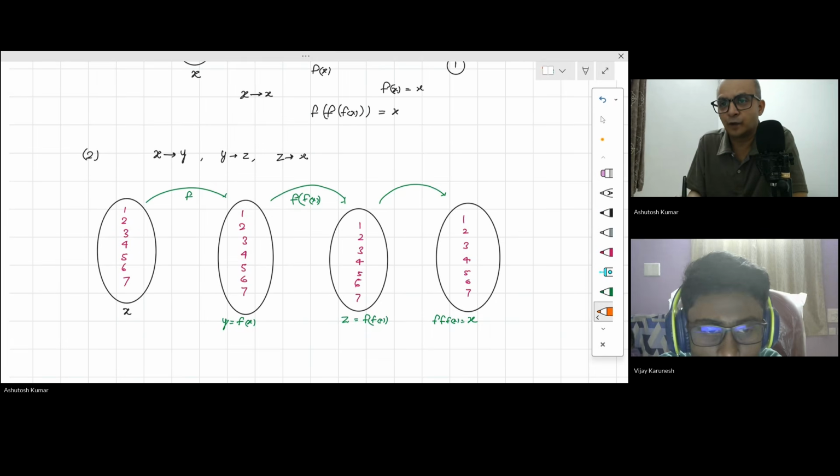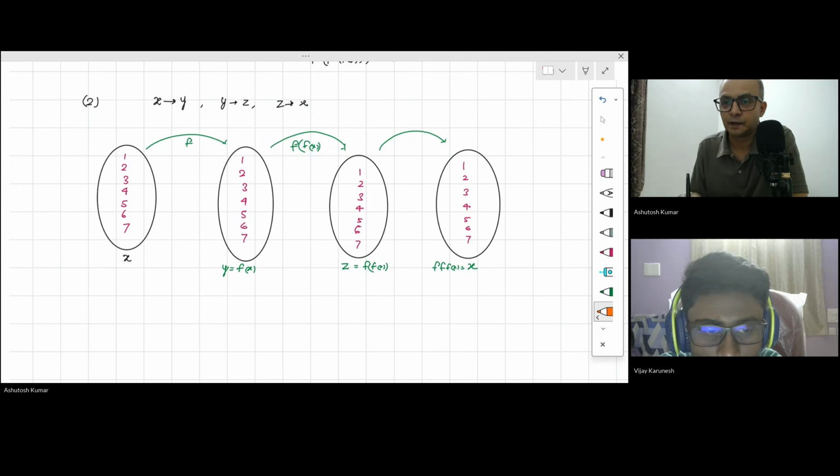For example, I'm giving 1 to 2 and 2 to 3, and again 3 to 1 back, correct? Yes, sir. Because there are 7 elements, and only a 3-iteration is happening, so you cannot give a 3-iteration on all 7 elements.